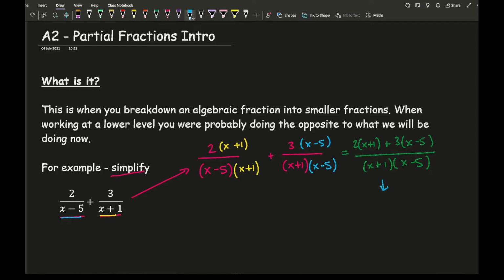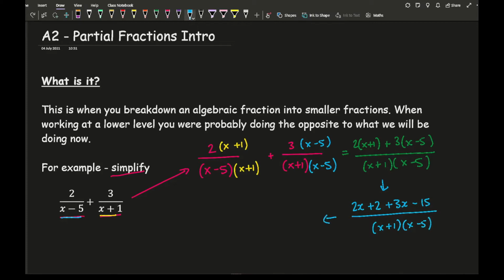Obviously you leave the denominator in brackets. Try not to get into the comfort of expanding everything. I know teachers always say when you see brackets, expand them, but in this case you only expand the numerator. So what I've got is 2x plus 2 plus 3x minus 15, and that's all over x plus 1 x minus 5.